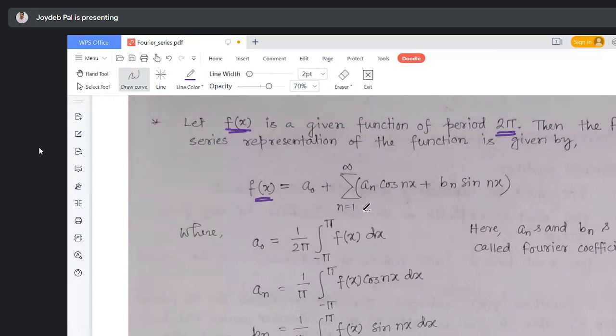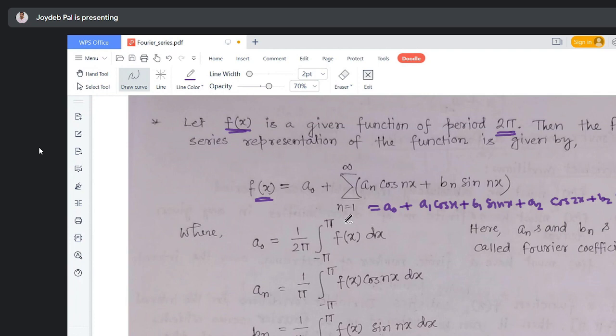If you expand the series, a naught plus, put n equal to 1, so a1 cos x plus b1 sin x plus a2 cos 2x plus b2 sin 2x and so on.